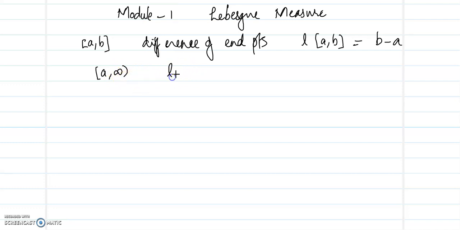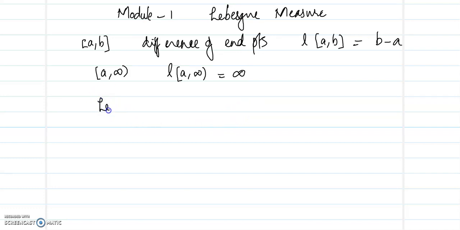In that case the length of this interval A to infinity will be infinity. If you have a finite interval, that means both the endpoints are finite numbers, the length will be finite. If you have infinite intervals, the length will be infinity, and such an interval is said to be an infinite interval. In general, the length of an interval is defined as the difference of endpoints of the interval.